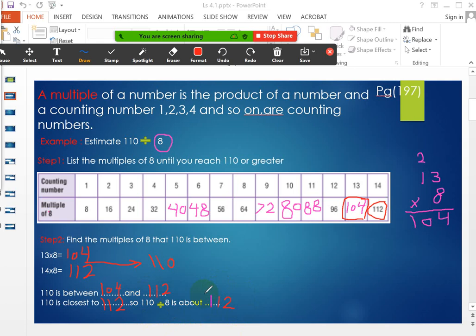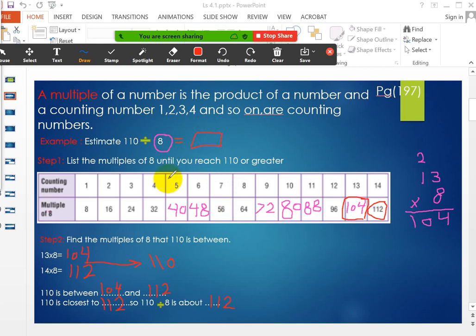I will repeat the example again. Girls, I want you to focus with me, please. If I want to divide 110 by 8, the first thing is I want to estimate the quotient. The quotient means the answer. Not the exact answer, but I want to know about what the answer will be.